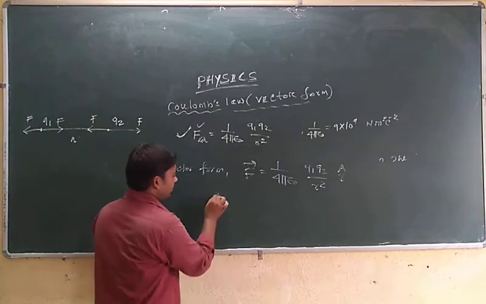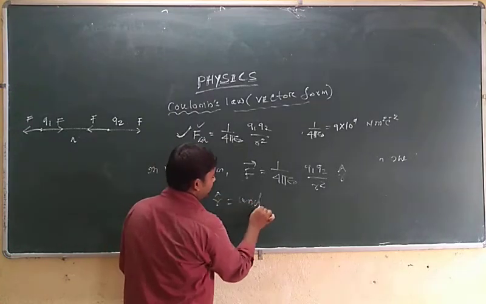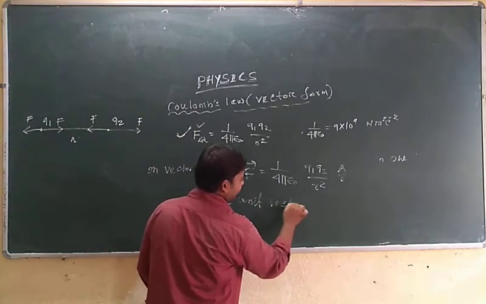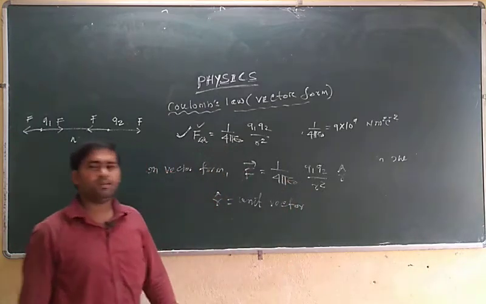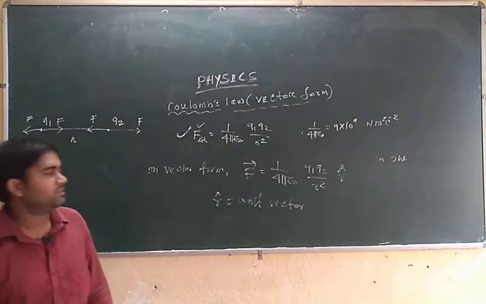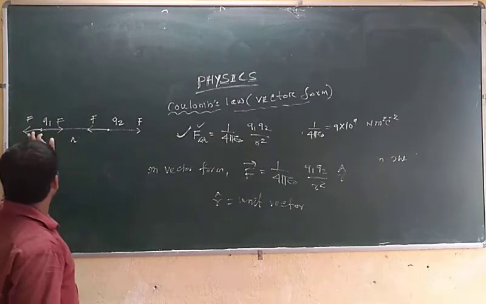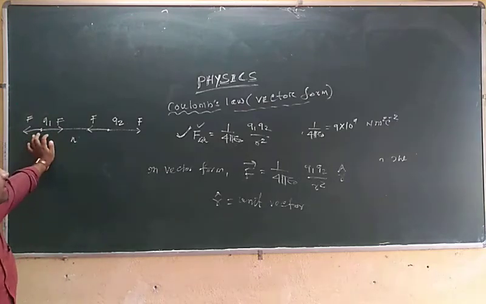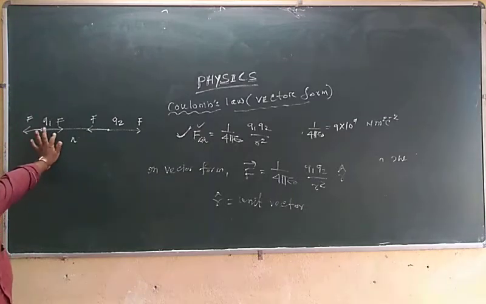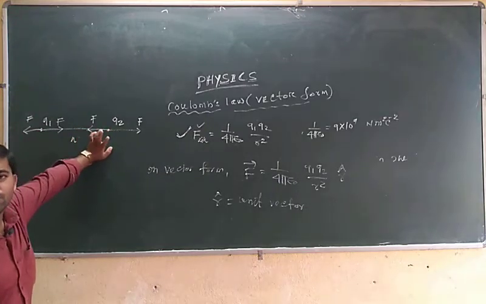What is r cap? R cap is a unit vector, but here there is a variation in the direction: either away from q1 or towards q2, or away from q2 or towards q1.